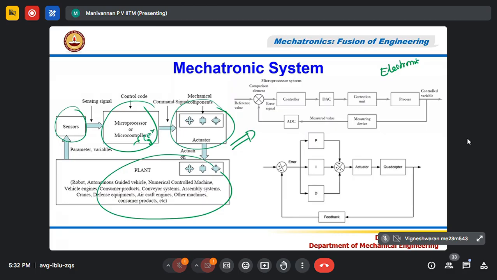Generally we call it an actuator, but the actuator itself is a mechanical system. And if I want to control the speed of the motor, I need electronic control, correct? So in mechatronics, many times they call it a plant, system or process. These are the names generally used for representing a machine.